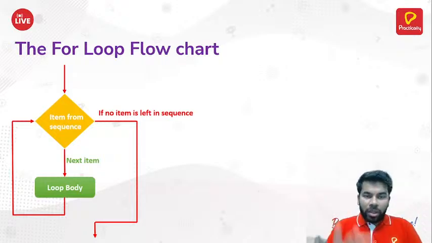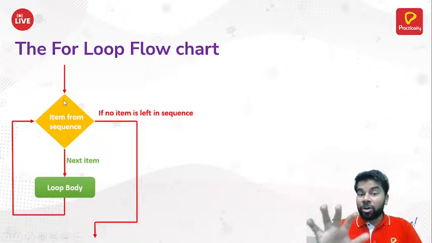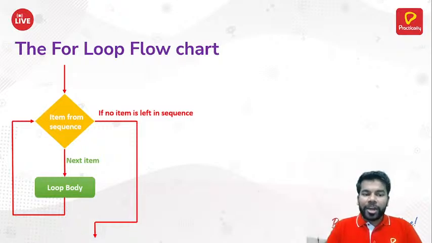Whenever the program starts executing the code and encounters the for loop, it will come here and check the item from the sequence, how many times you want to print it. Okay, and it will execute this. What will be the body?